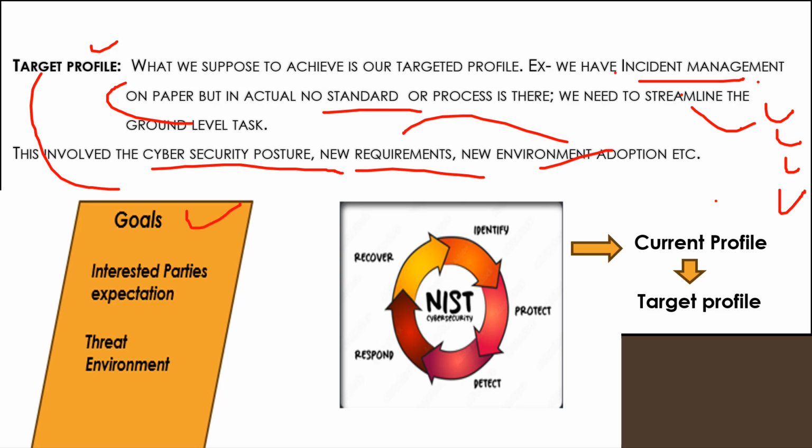Interested parties' expectations, because the requirements from the interested parties we need to include in our target list or the risk register, plus the threat environment we need to focus on, plus adherence to NIST, to get the target from the current profile. What are the controls we need to achieve? Who are the target profiles?